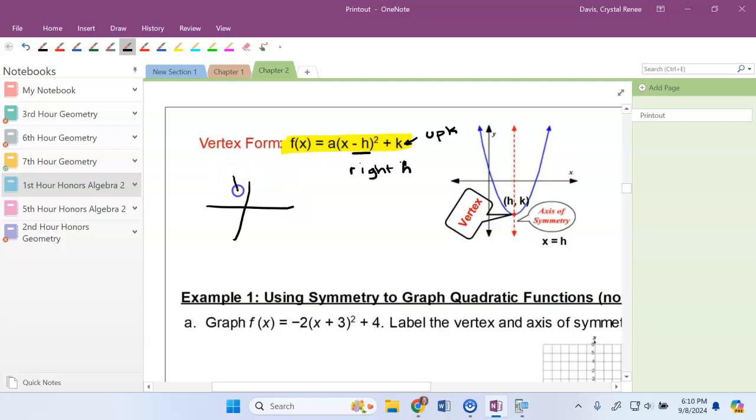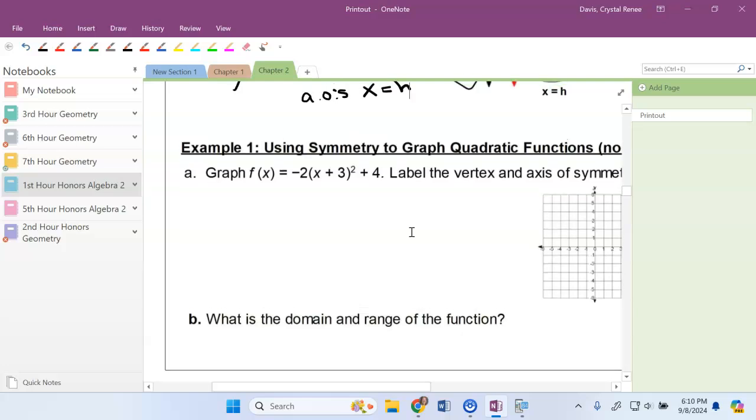So remember the parent function of the quadratics, the vertex is right here at (0, 0). So if we move this vertex right h and up k, the vertex will be (h, k). And then of course the axis of symmetry, like we just talked about, will be x equals h. That's all this is saying.